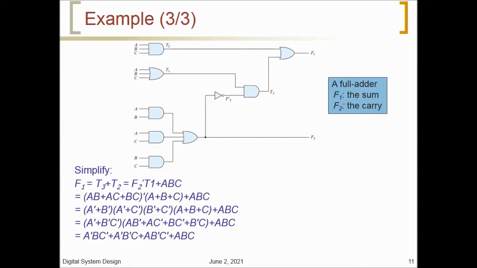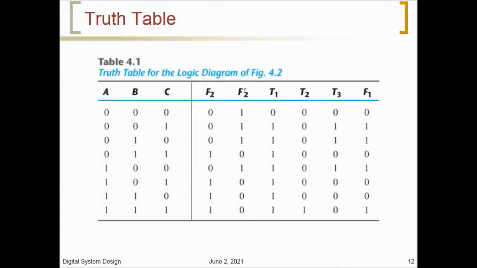Determine the number of input variables in the circuit. For n inputs, form the 2 to the power n possible input combinations and list the binary numbers from 0 to 2 to the power n minus 1 in a table.